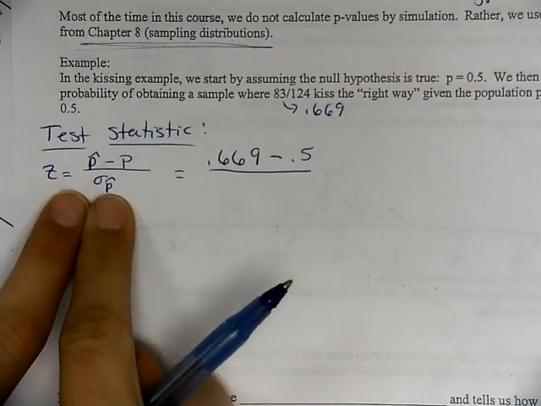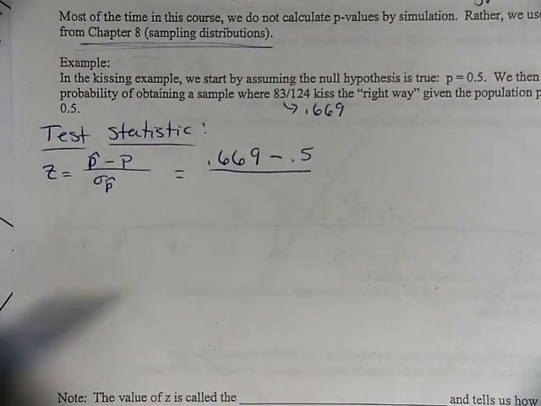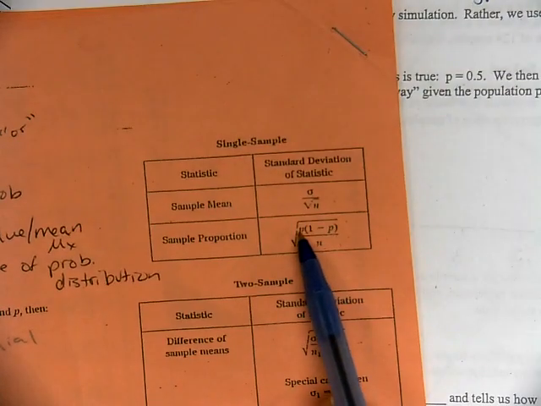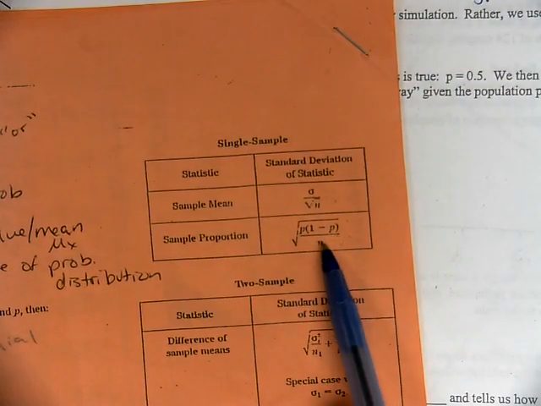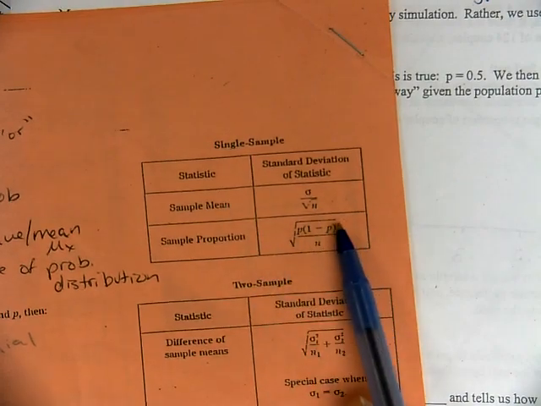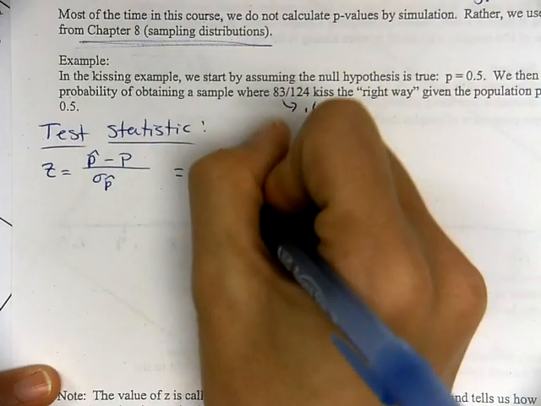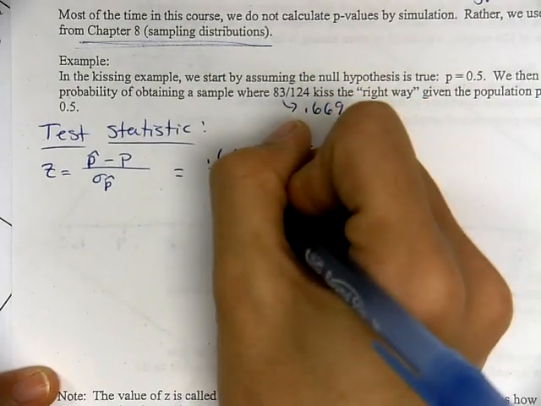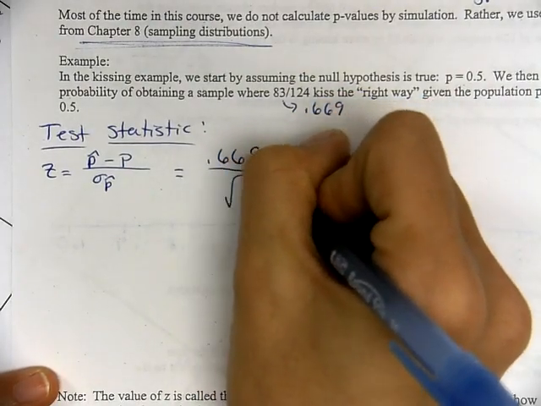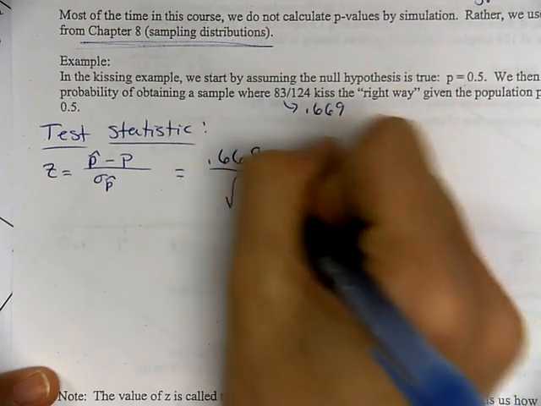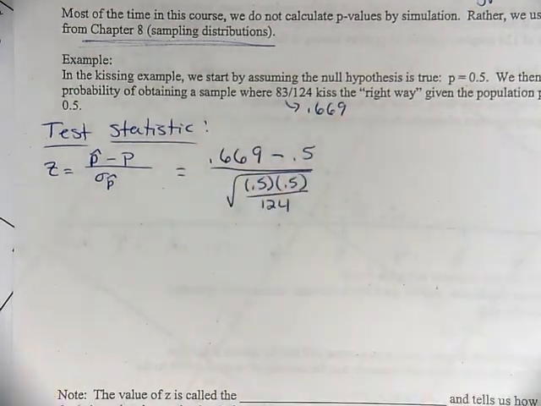The standard deviation we got to remember from Chapter 8, which for a proportion we did the square root of p times 1 minus p divided by n, if you remember that. So it's going to be 0.5 times 0.5 divided by 124.